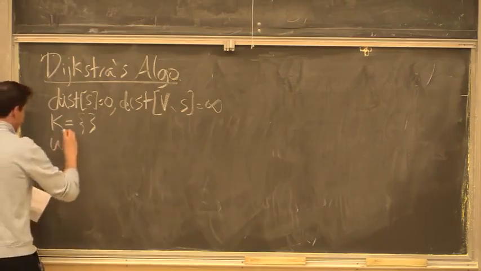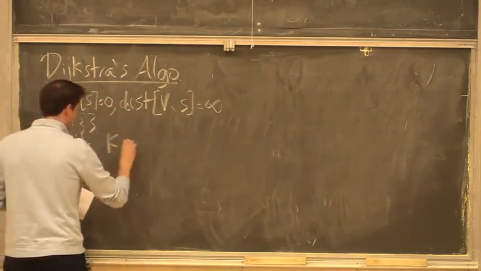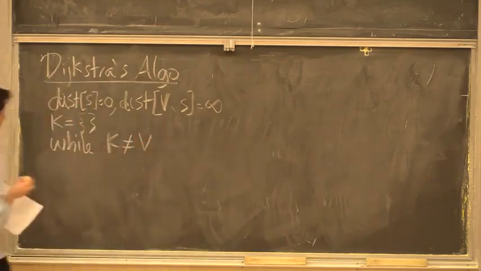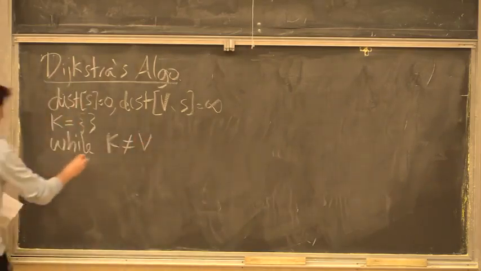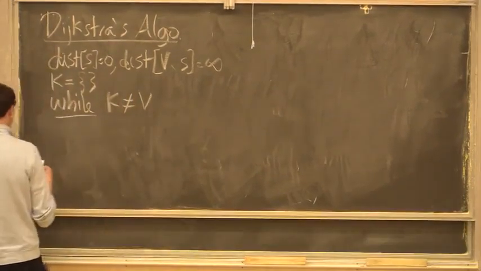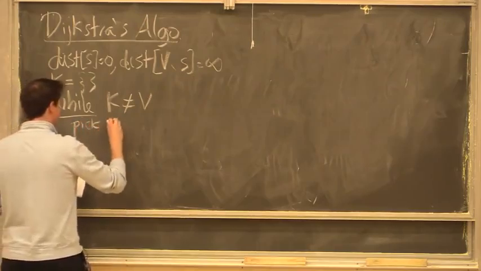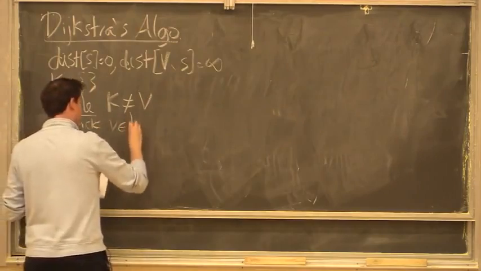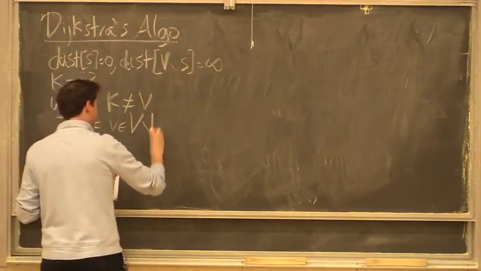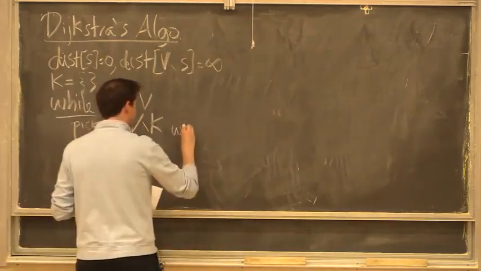And while the known region is not everything, we're going to do something. What is that something? We're going to pick some vertex V outside, with smallest estimate.